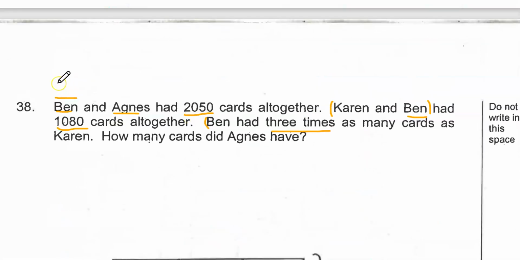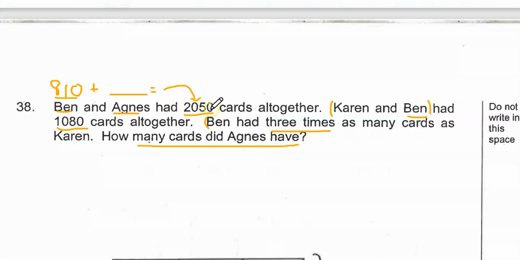So if I put here Ben has 810, obviously the question asks us to find how much Agnes had. So 810 plus Agnes gives us 2050. Is it easy? Yes.